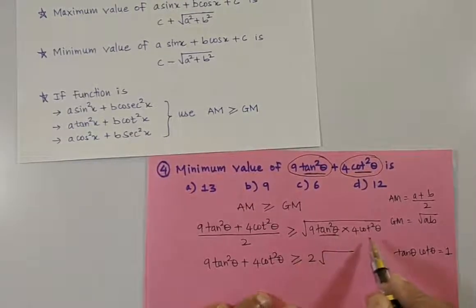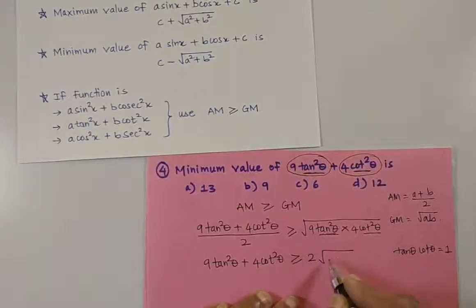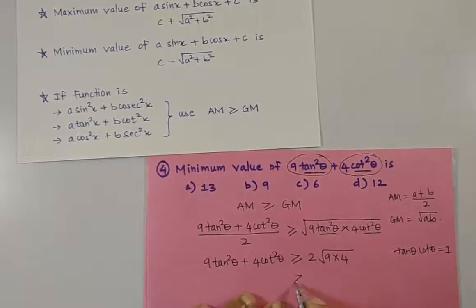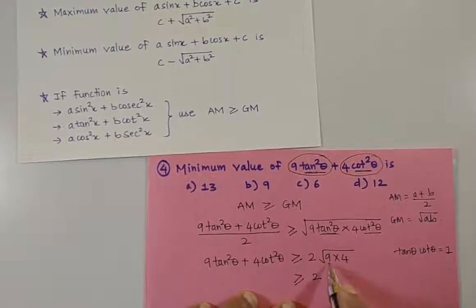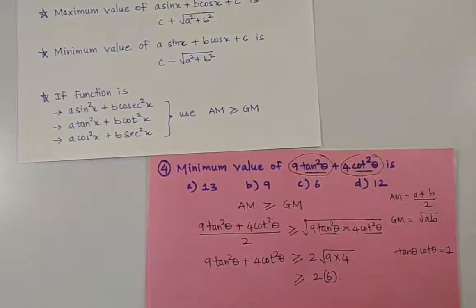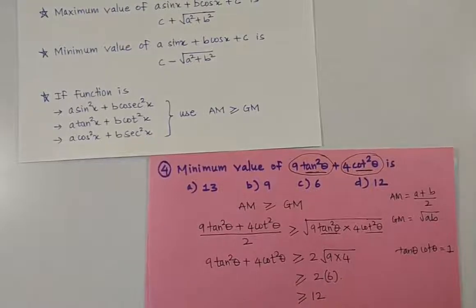So tan square into cot square will be 1. So what remains? 9 into 4. So this is greater than or equal to 2 into root of 9 4s are 36. Square root of 36 is 6. So you'll have greater than or equal to 12.